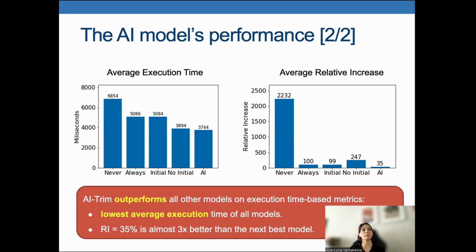So, in other words, what the AI-based version is doing is giving us a more stable execution. It doesn't give us a winner per se, but it gives us the ability to take the topology into account and improve the overall impact of trimming.